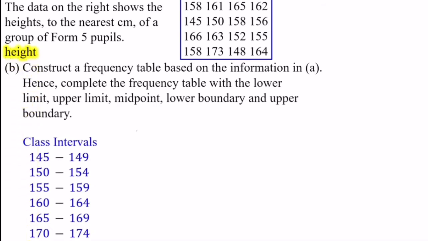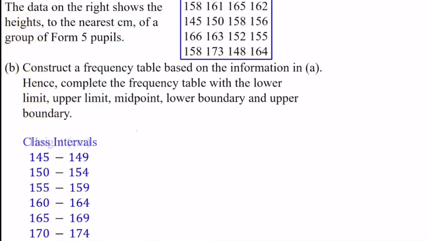We have done lower limit and upper limit, and this shows the height of the students, so the unit is in centimeter, and we can label it as height in centimeter.